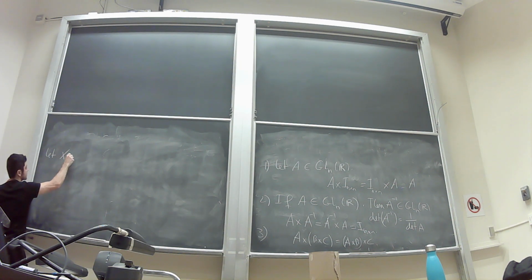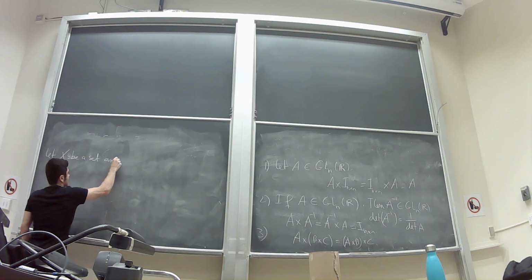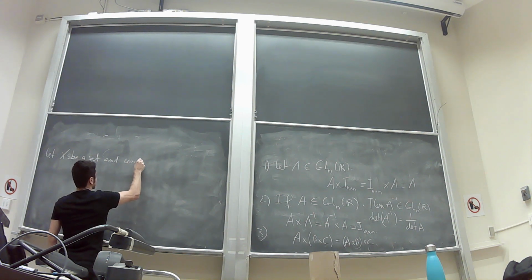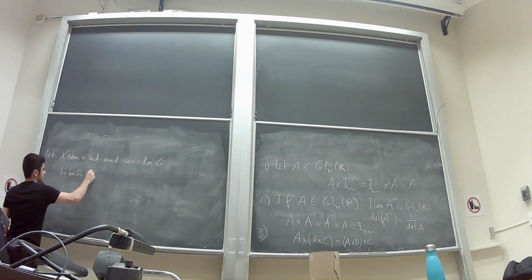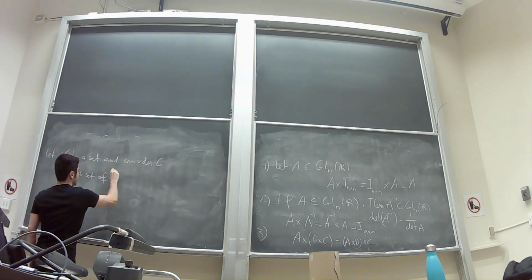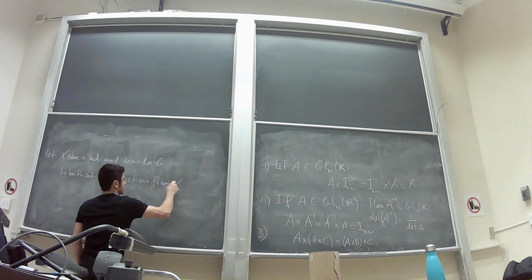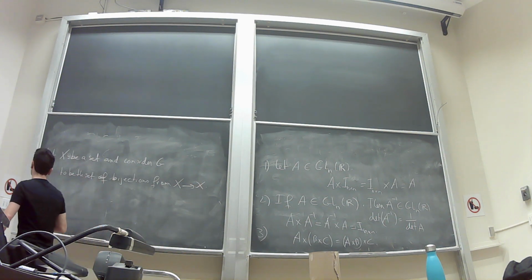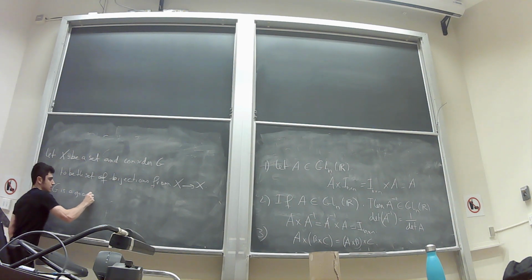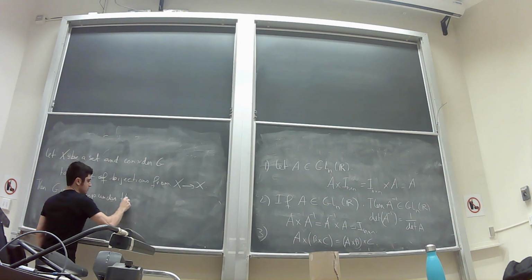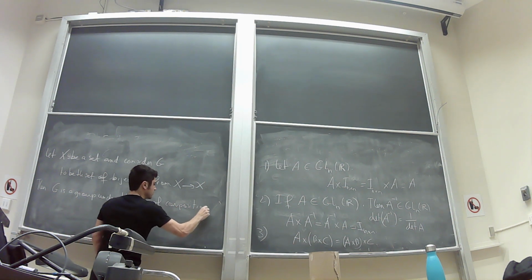Let X be a set, and consider G to be the set of bijections from X to X. Then G is a group under the law of composition of functions.